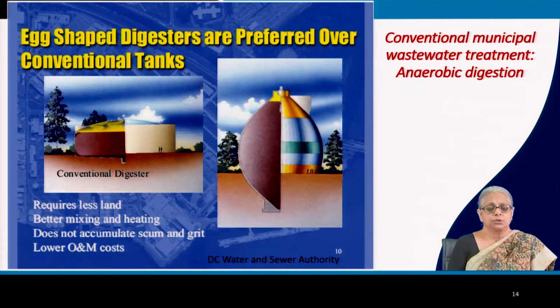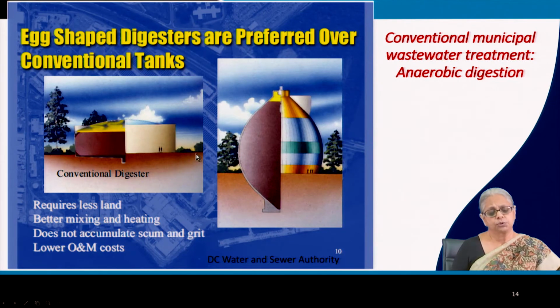These are examples of different types of anaerobic digesters. Way back 50, 60 years ago, people used to use digesters like these. These are what are called conventional digesters. They were very large cylindrical tanks.